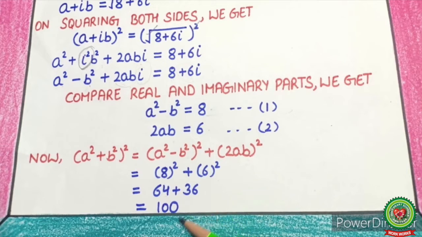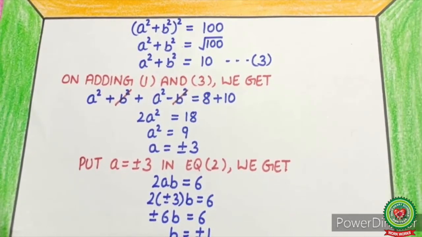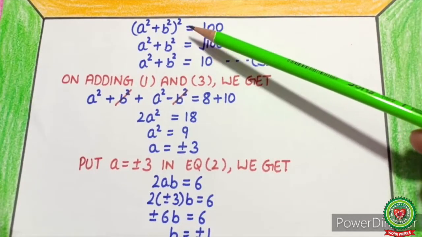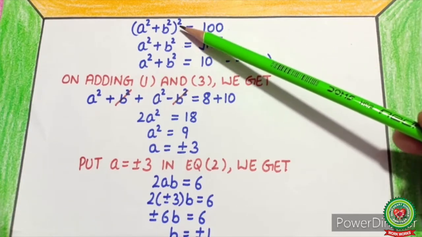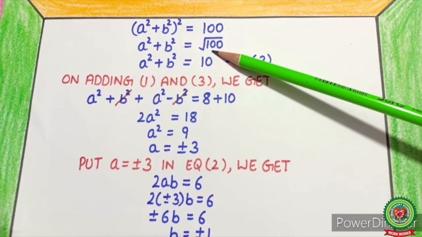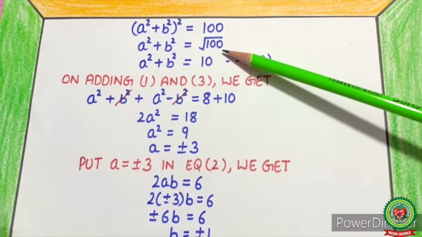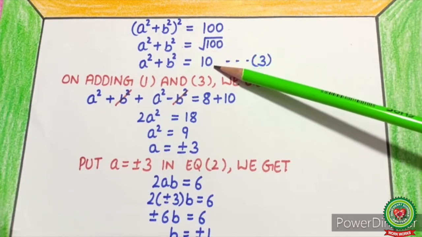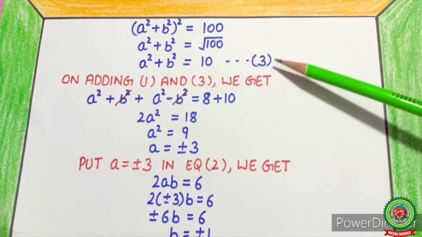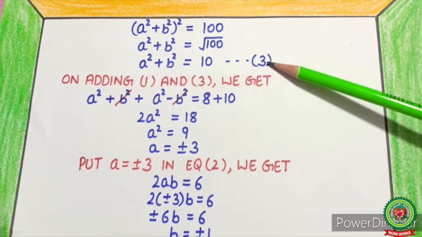After adding, our answer is 100. So a square plus b square whole square is equal to 100. After shifting the square, it changes into a square root. Now a square plus b square is equal to the square root of 100, which is 10. So this is our third equation, where the value of a square plus b square is 10.